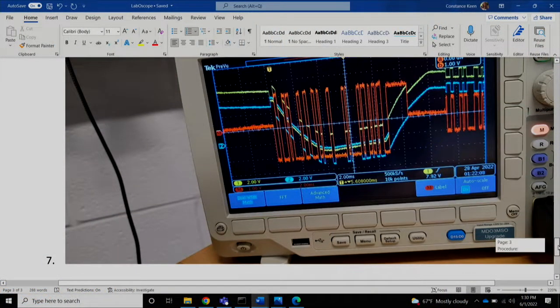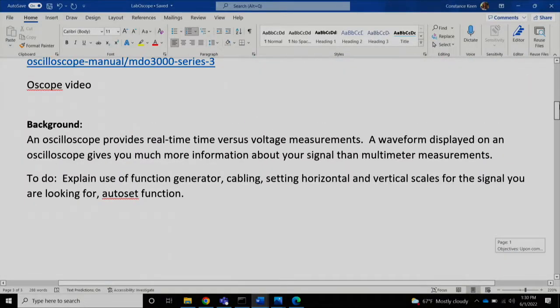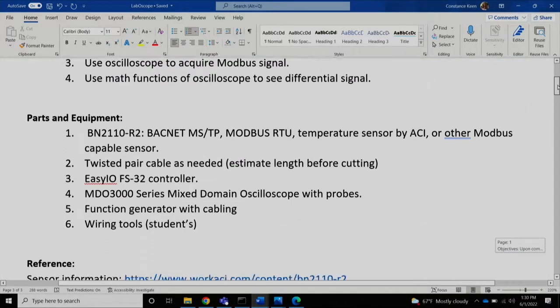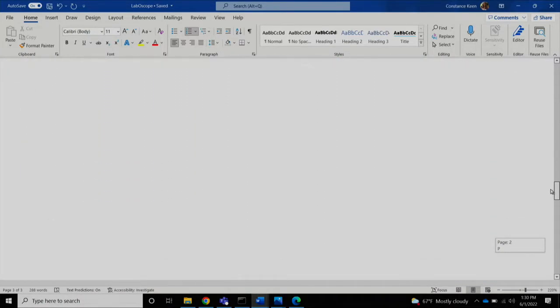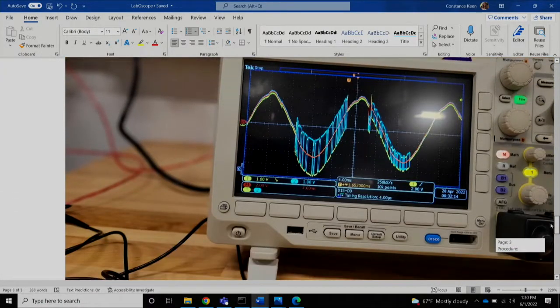I came into the BAT lab with my oscilloscope, and the students were like, cool, what is that? Can we learn that? And so that became the unplanned lesson, to go in and look at the Modbus signal with an oscilloscope.